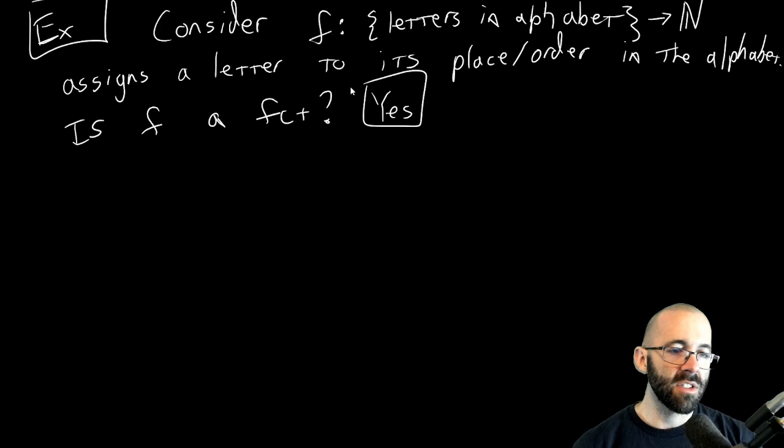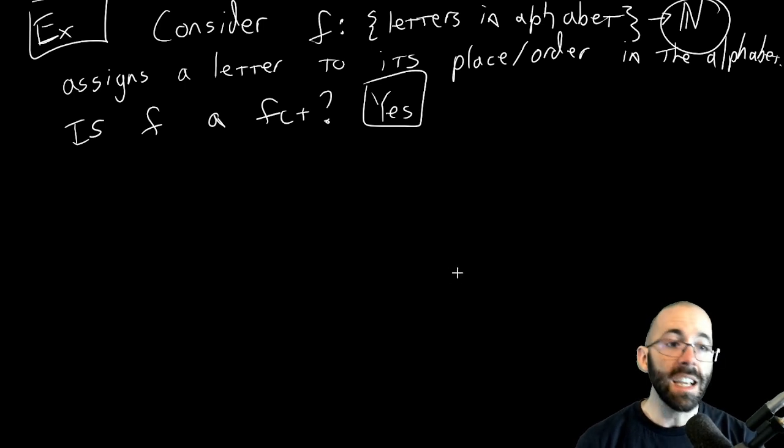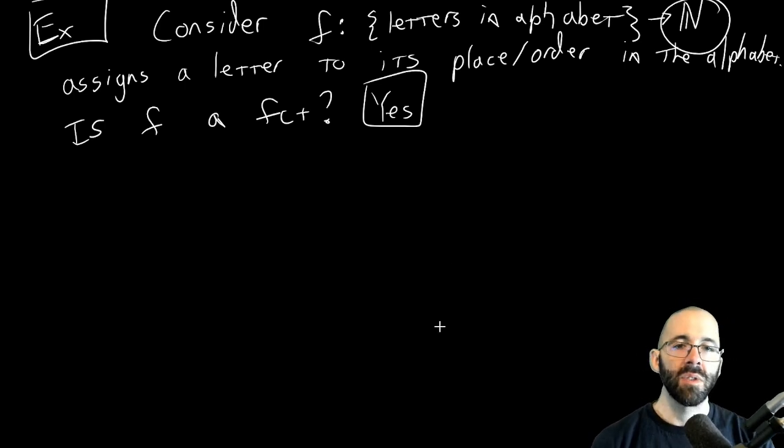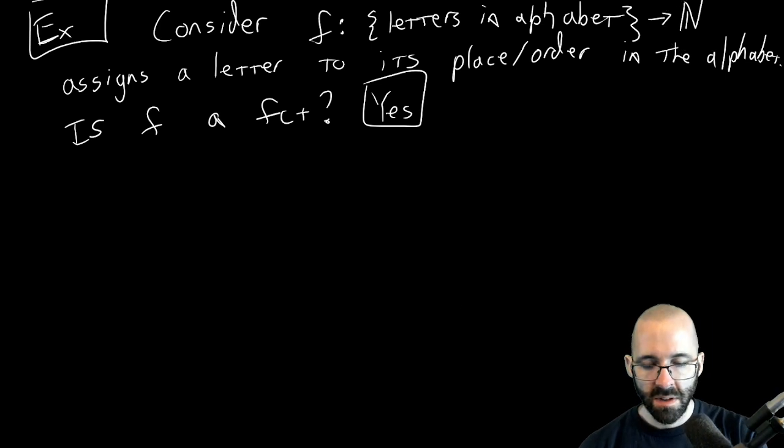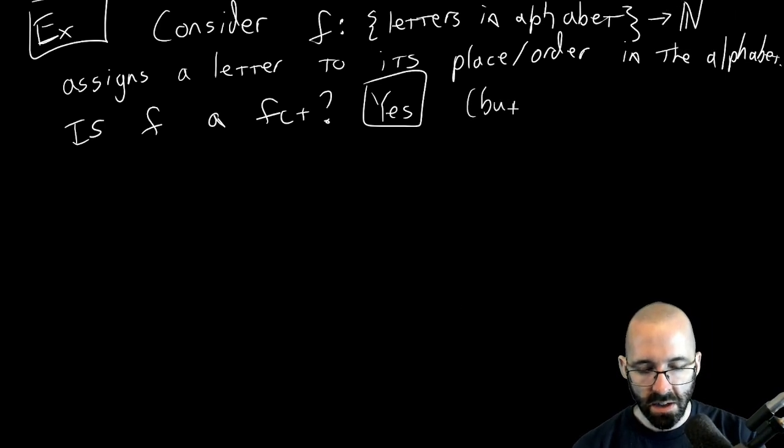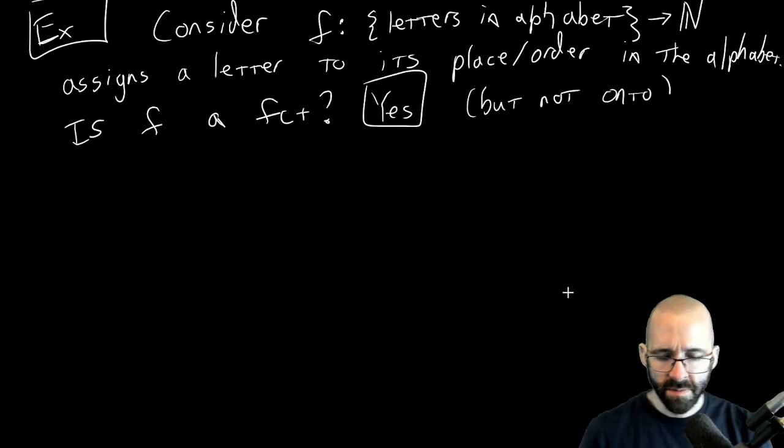The range of this function is just the integers from 1 to 26. The range is a proper subset of the codomain. The range is not equal to the codomain. So this function is not onto, right? It's not onto, it's not surjective, but it is a function.